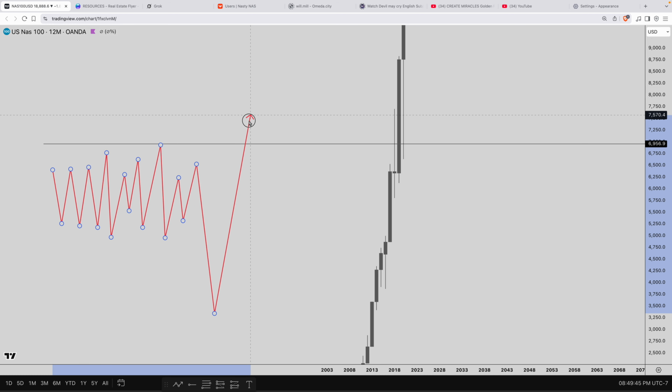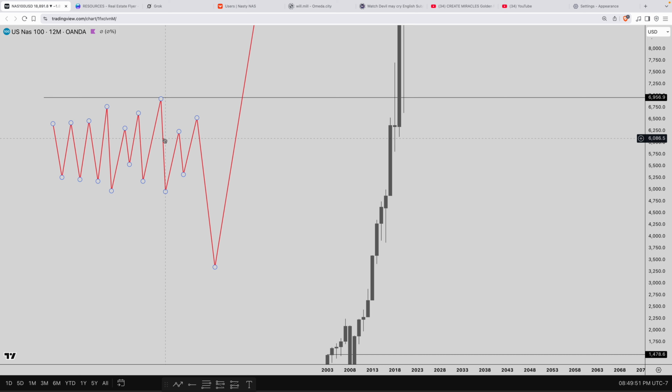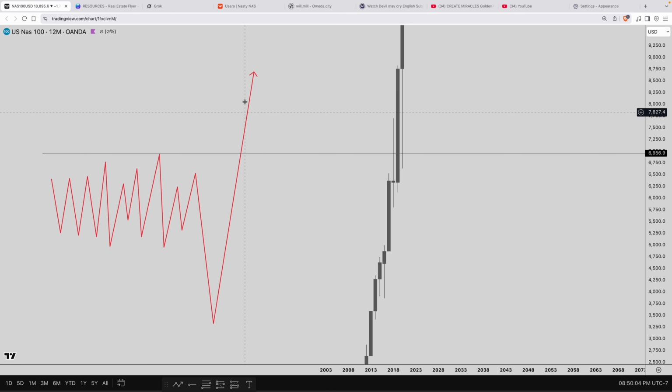And once you get that break of structure, remember that break of structure that I was talking about? So again, step 1 right here: build up of liquidity, highs and lows, a range, some wicks, whatever you want to call it. And then we get the sweep. Step 2. Step 3 is the break of structure, right?